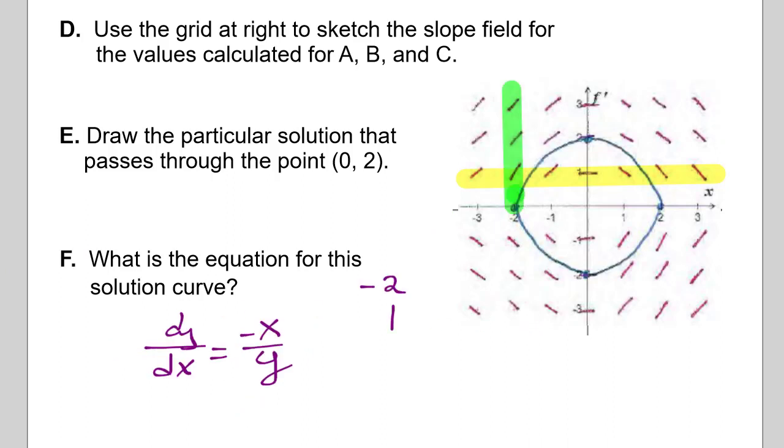Okay, so let's look at H, where they want us to evaluate what happens as we move up from the x-axis. Okay, so suppose we look at dy dx equals negative x over y. That's what we're working with. And I'm going to choose the vertical line where x is equal to negative 2. Okay, so if we put in negative 2 for x and y is 1, then we get positive 2.